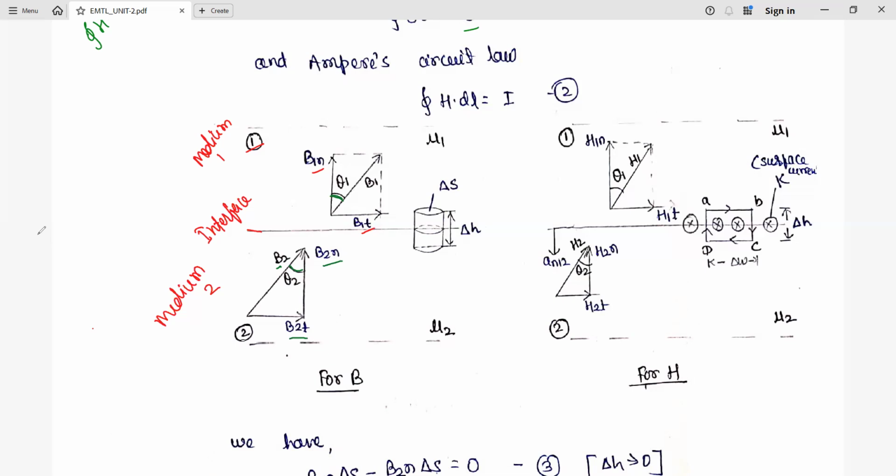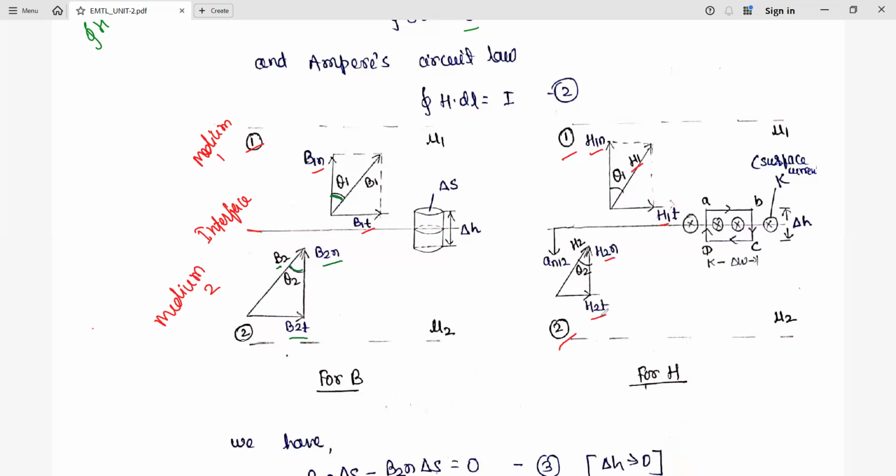Whereas in the case of field intensity, in medium 1 we have H1, its normal component is H1N and tangential component is H1T. Similarly, in medium 2, the tangential component is H2T and the normal component is H2N.